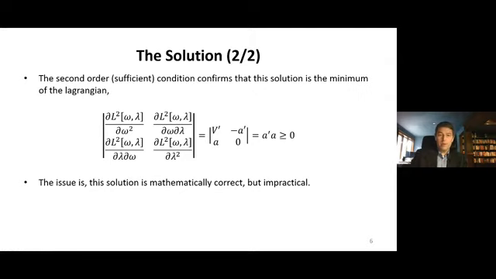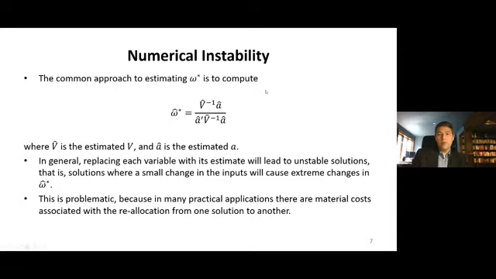Why? Because even though the solution, as we can see here, will be truly a minimum risk subject to achieving a particular goal as we wanted, the problem is that we do not know precisely what is the true covariance matrix, and we do not know precisely what is the characteristic vector.